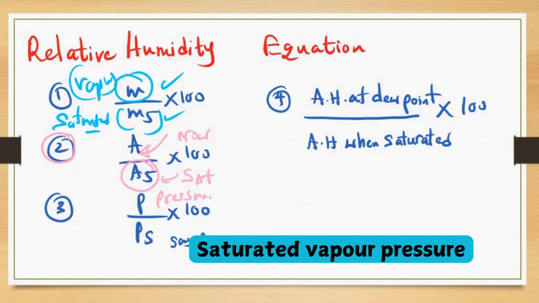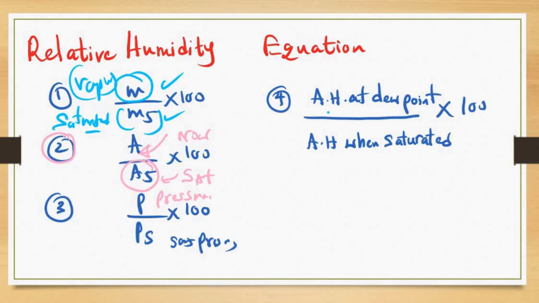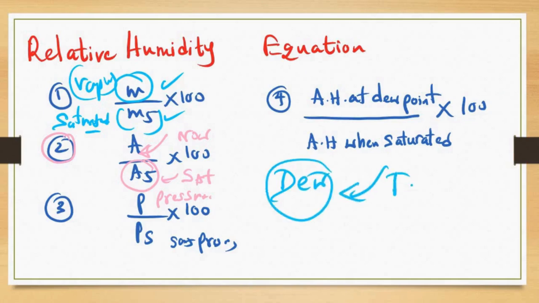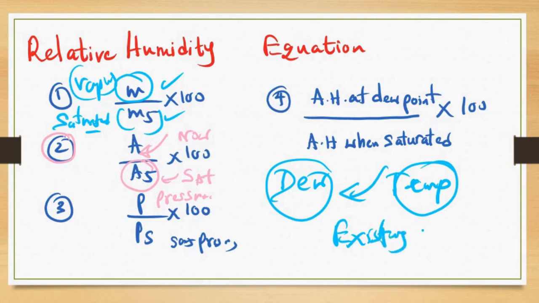The fourth one is from the dew point: the absolute humidity at the dew point divided by the absolute humidity when the system is saturated, multiplied by 100. I hope you know what the dew point is. Dew point is the temperature where the system is saturated with the existing amount of water vapor, right?